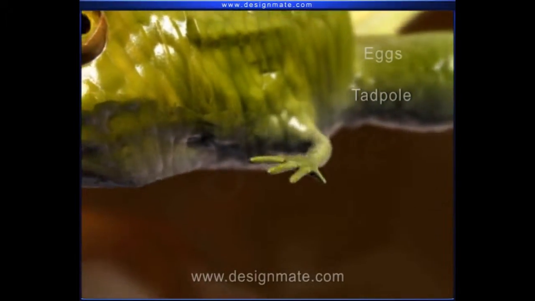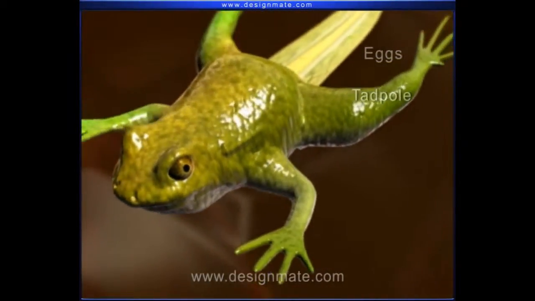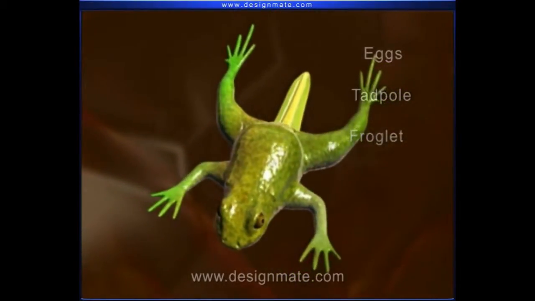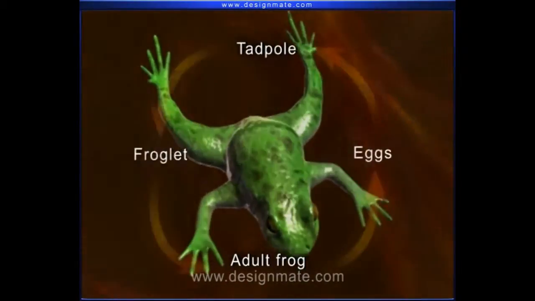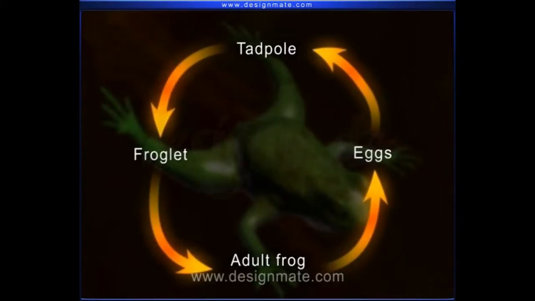Then forelimbs appear, and it becomes a froglet, which finally grows into an adult frog. This is the life cycle of a frog.